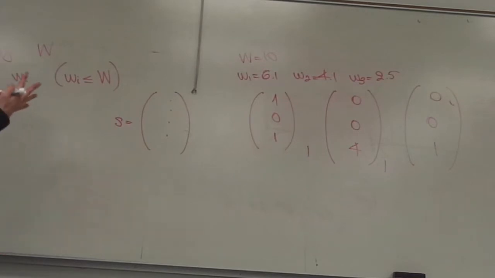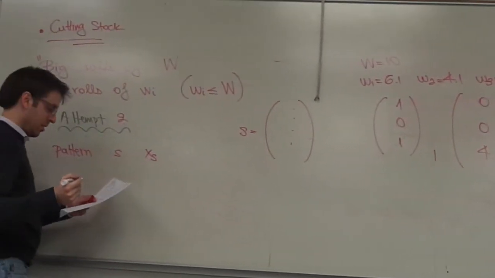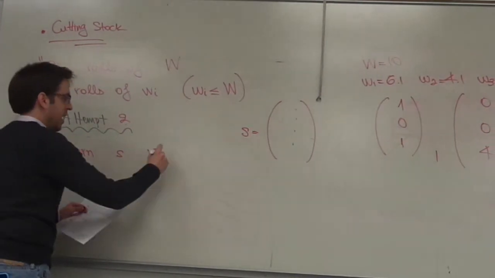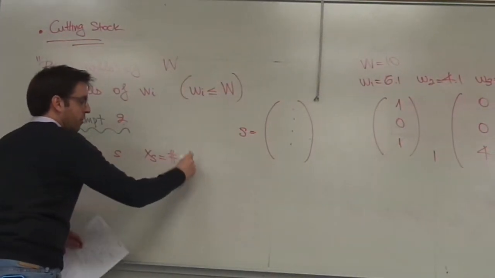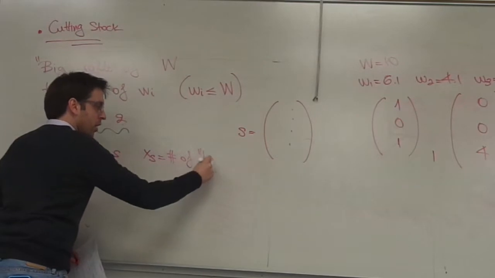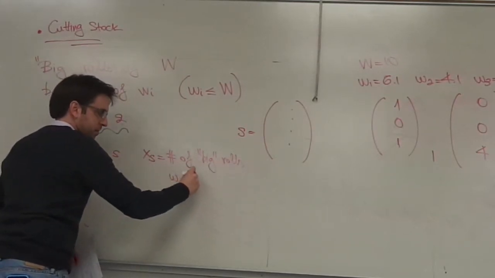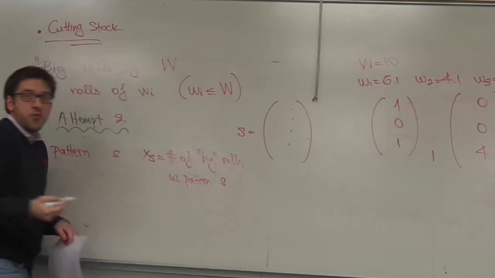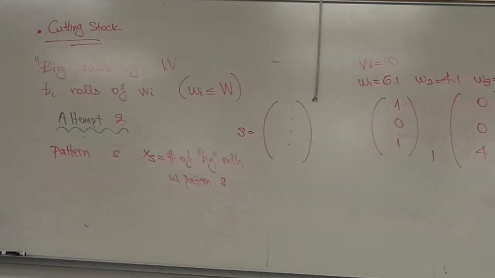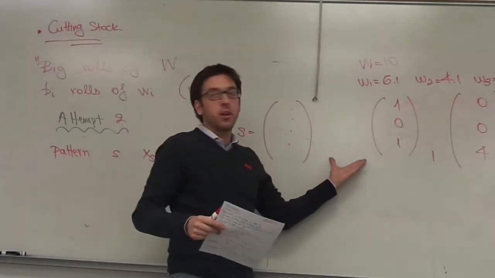Okay? So if I know the patterns, then basically what I need to do, let's define a variable xs, which is basically the number of big rows with pattern s. So if you cut 5 big rows with the first pattern, that means that you obtain 5 for customer 1 and 5 for customer 3.